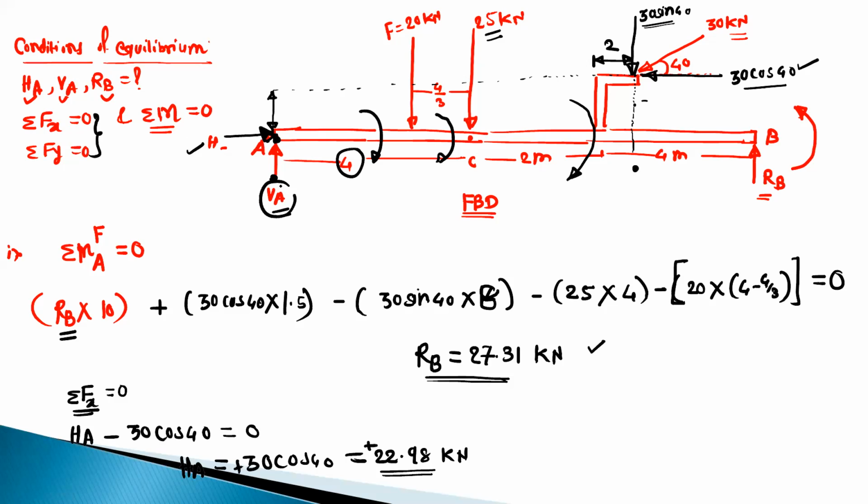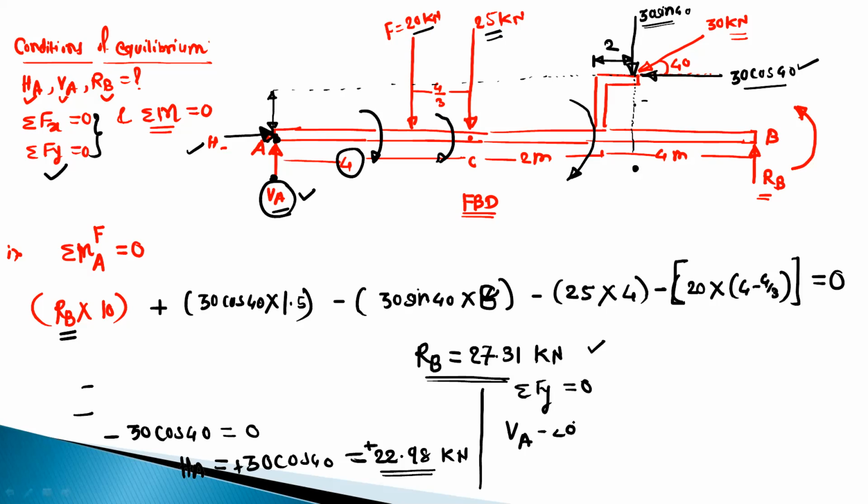And to find out the VA reaction, consider the summation Fy. So take summation Fy equal to 0. So for summation Fy, first is VA acting in the positive y direction. Then 20 and 25 are in the negative y direction.